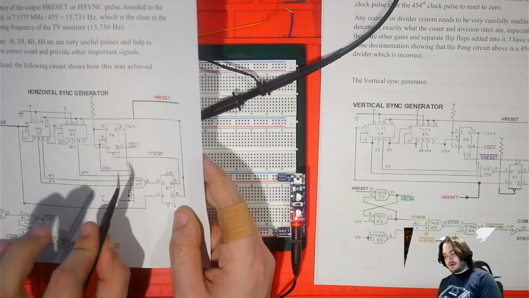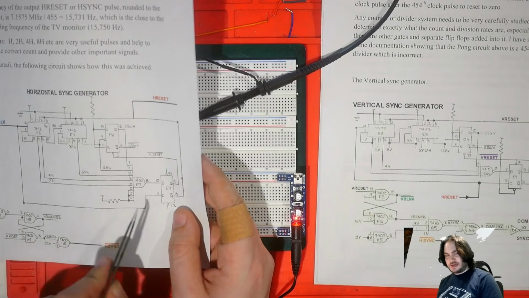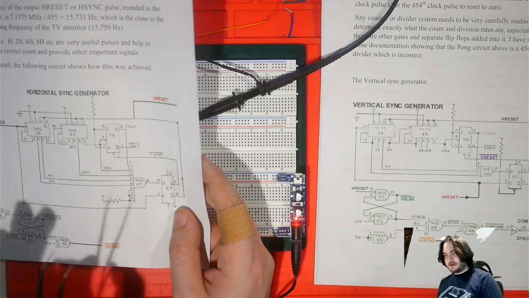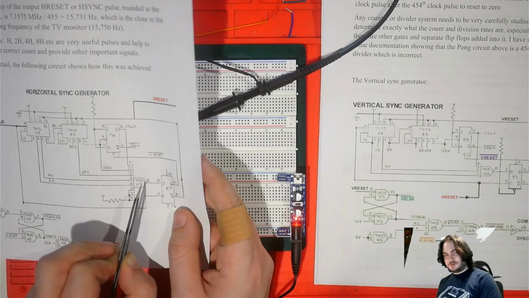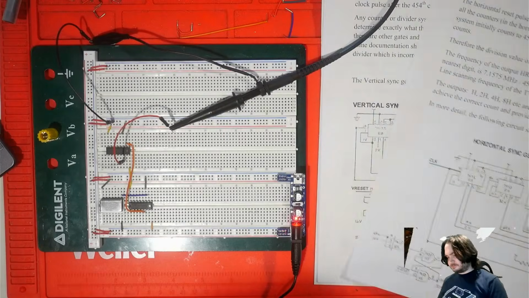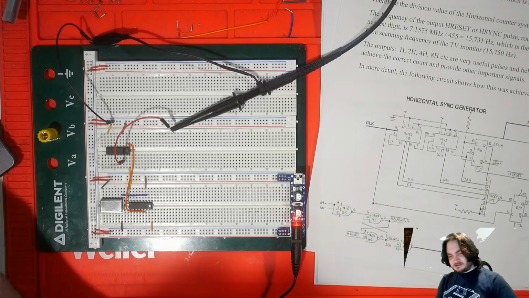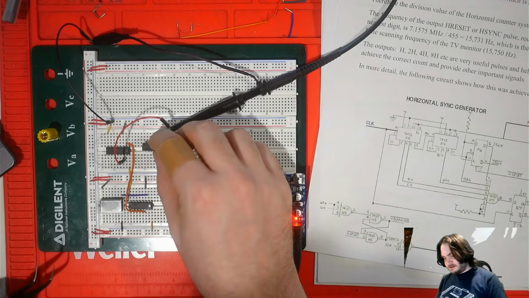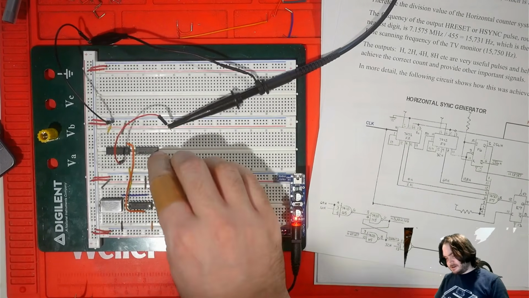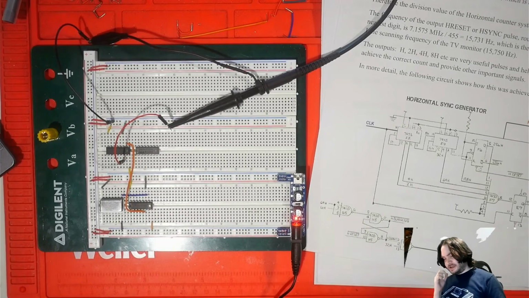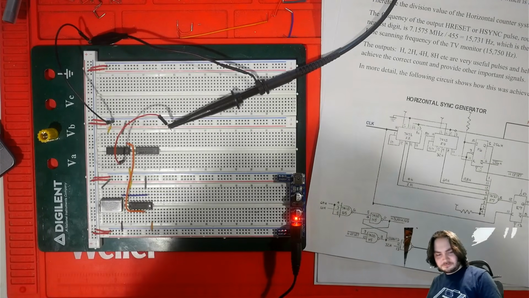So when all of these signals are high, meaning we've counted to the sum of these values, that 454, that's when this is going to change its output. So we can take this 74HC30, our 8-input NAND, and we'll give this power too while we're at it.